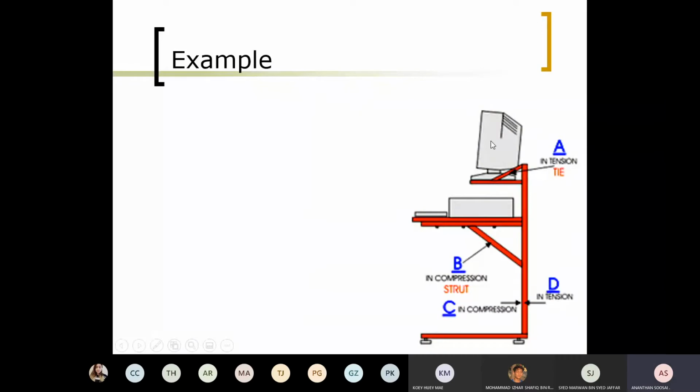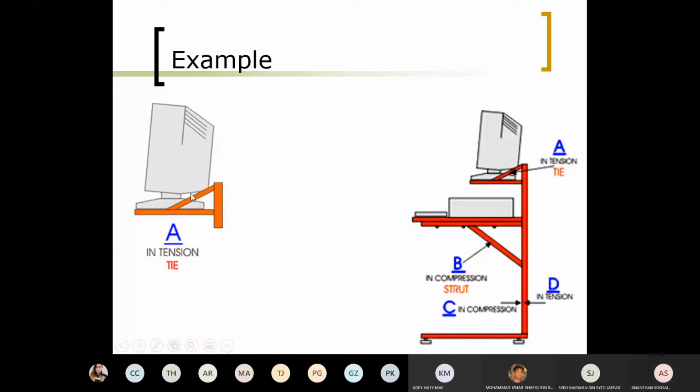For example, you see this computer table here. In A level, they will ask you to identify whether the rod is under compression or tension. For example, you see the computer on top here, the computer about to fall down. This rod is under tension, because imagine you are taking a saw, and you cut this piece, put a small crack here.